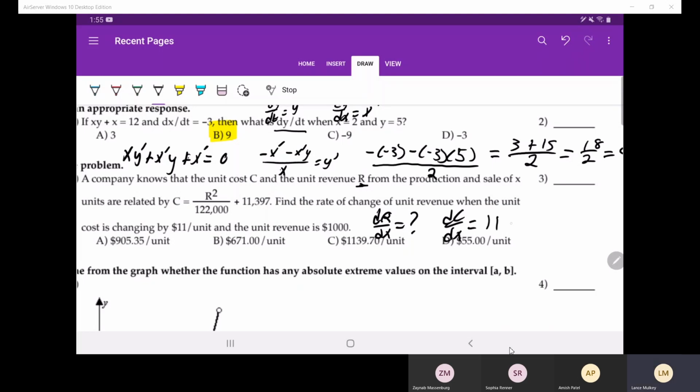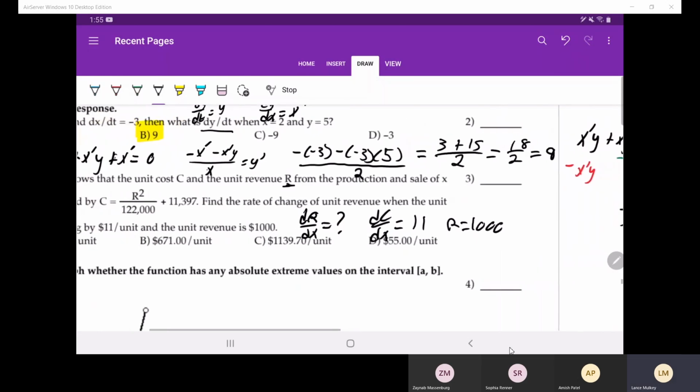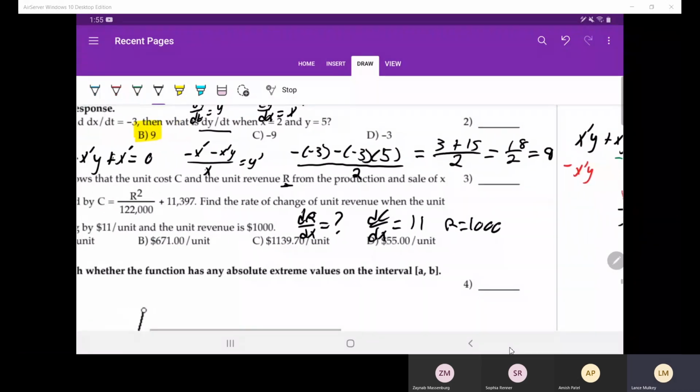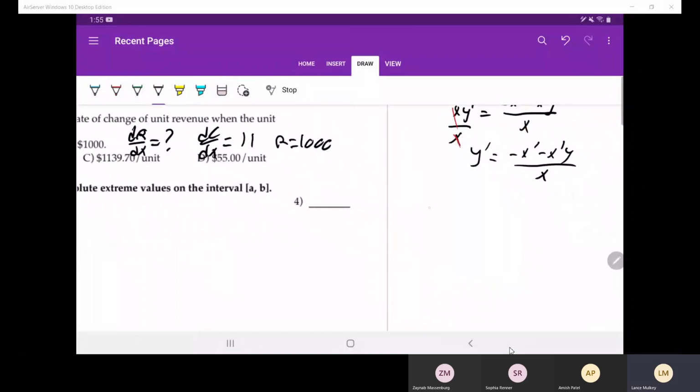And R is the unit revenue, so R of X, which is just R. I'll just leave it as R, not confuse y'all. R equals 1,000. It's raining, isn't it? Oh, it's pouring outside. So if you take the derivative implicitly, remember C is a function of X. So you'd get dc dx equals dr dx.